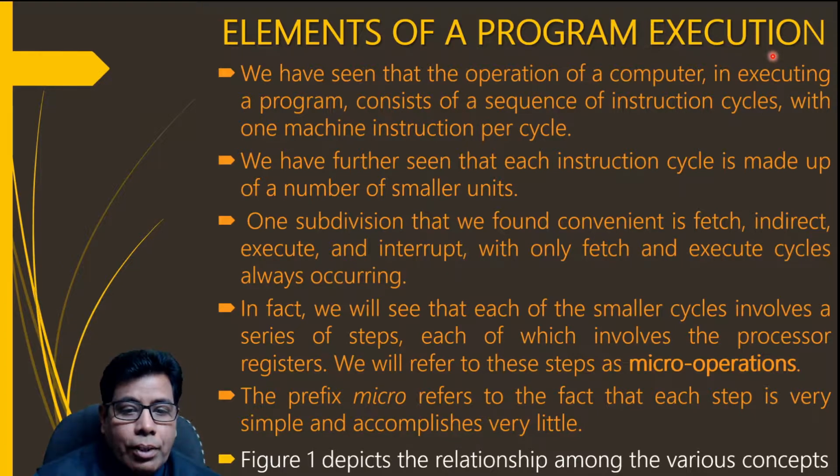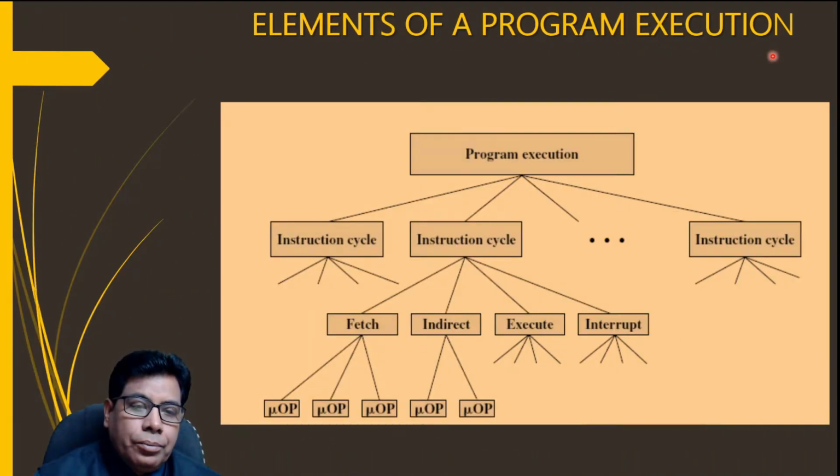Whatever concepts we have studied, say program execution, instruction cycle and micro operation, are shown in the figure. Let us see the figure. Program execution is the main task of the computer.